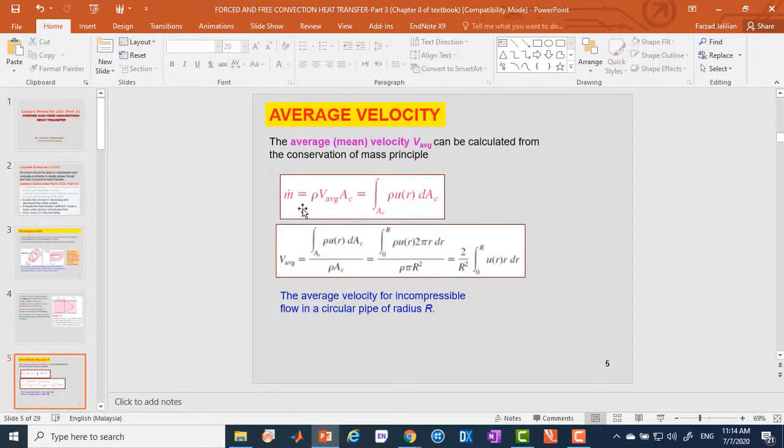Rho V average AC is m dot, and it is also equal to, we can calculate by this equation, the integration of rho u(r) dAC. This integration should be over the cross-section area of the fluid flow.